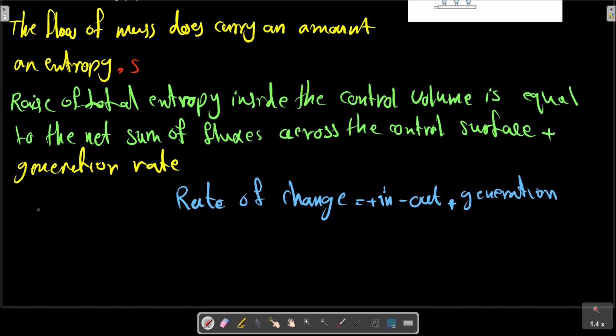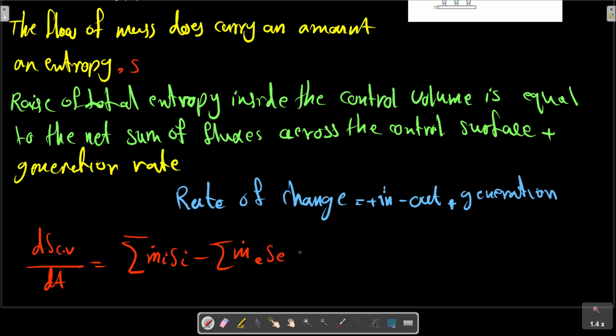Or we can write this relation: the rate of change, dS of the control volume over dt, equals the summation of inlet, m dot i s i, minus m dot e s e at the exit, plus S dot generation.